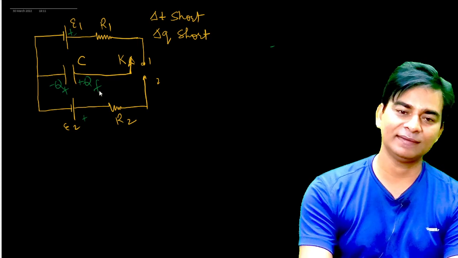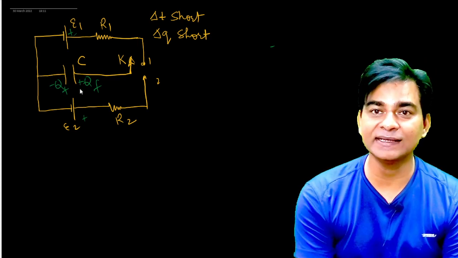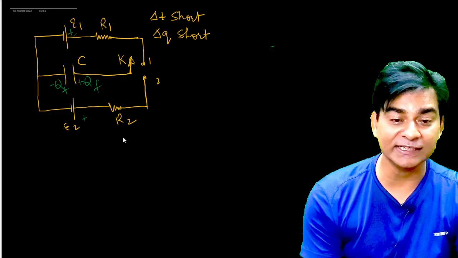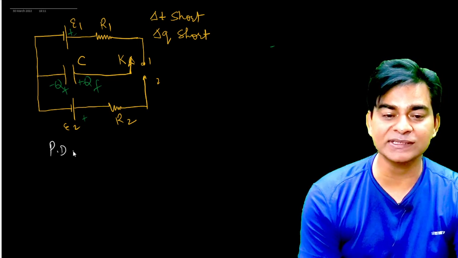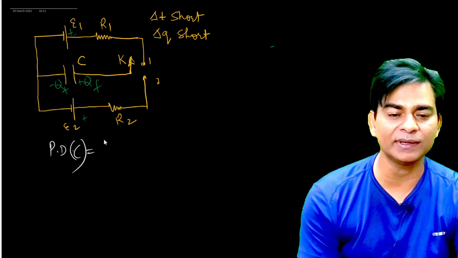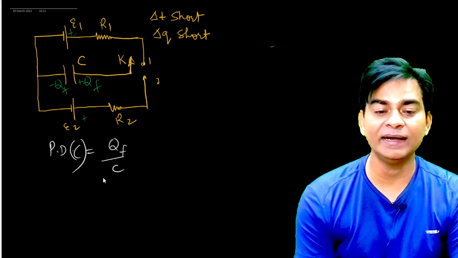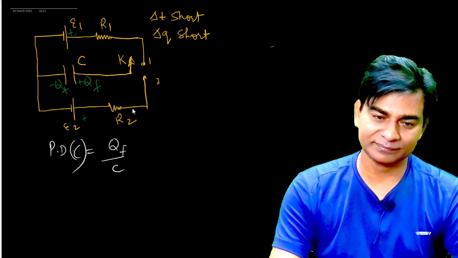Capacitance is C. Then what is the potential drop across the capacitor now? Q final by C. The potential drop across the capacitor, let's talk about the capacitor, C for capacitor, is Q final divided by C. Got it? Okay.